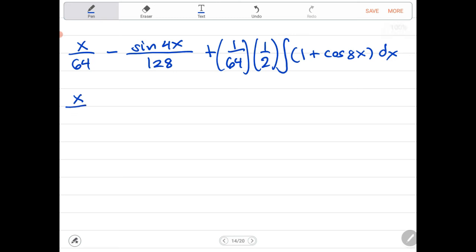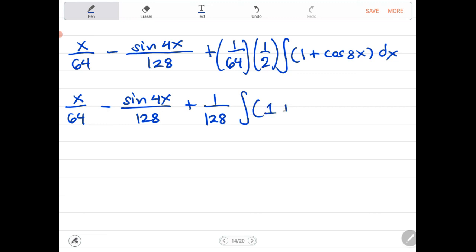So, x over 64 minus sine 4x over 128 plus 1 over 128, the integral of 1 plus cosine 8x dx. So, distribute the dx.